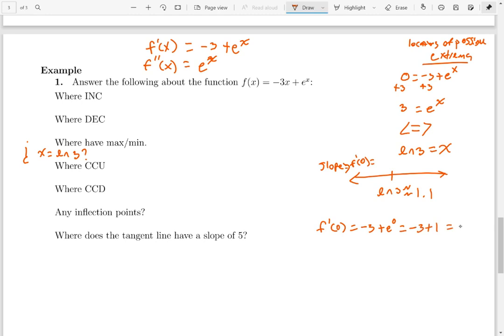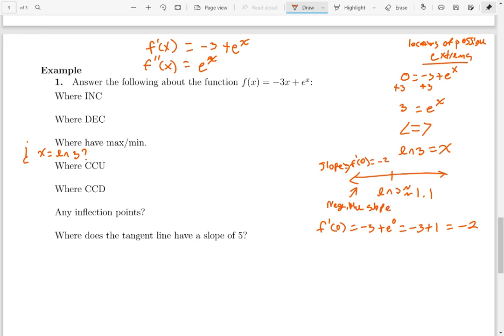Negative 3 plus 1 gives me negative 2. So f prime, the first derivative to the left of 1.1, is negative. And if that's a negative slope on the left of 1.1, technically that means we're decreasing to the left of 1.1.